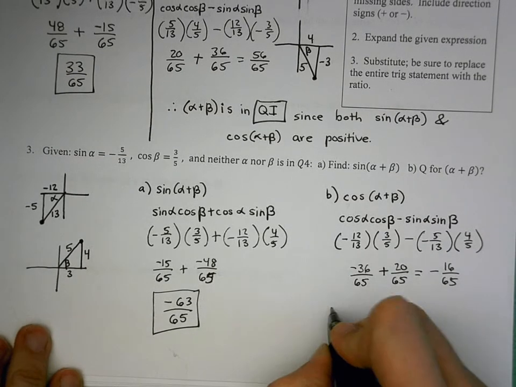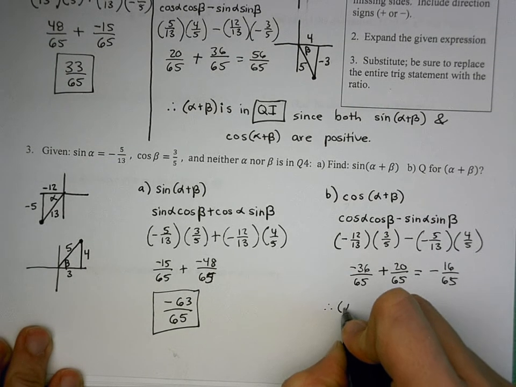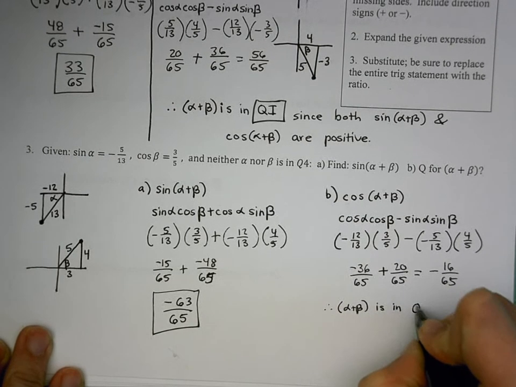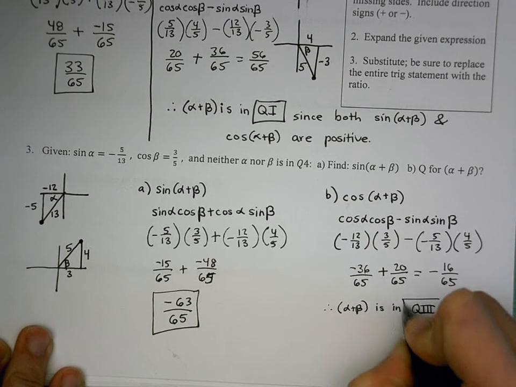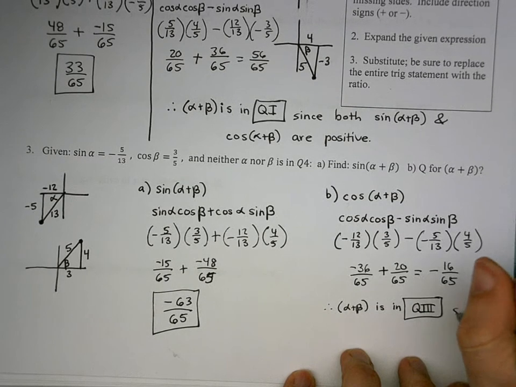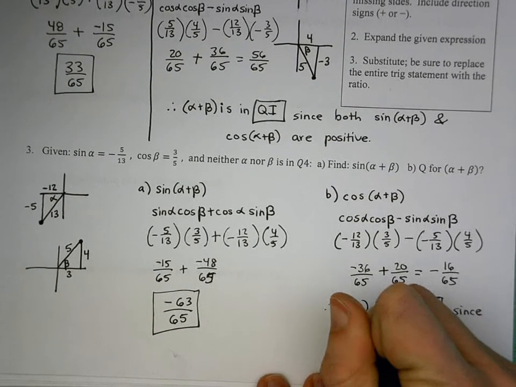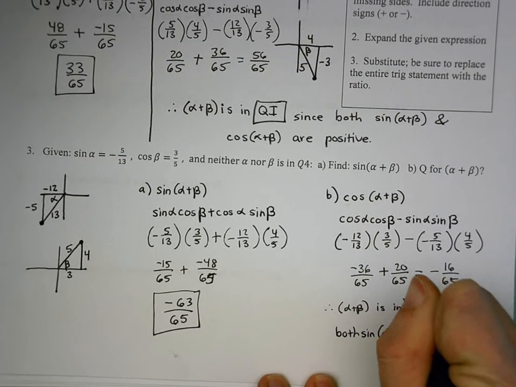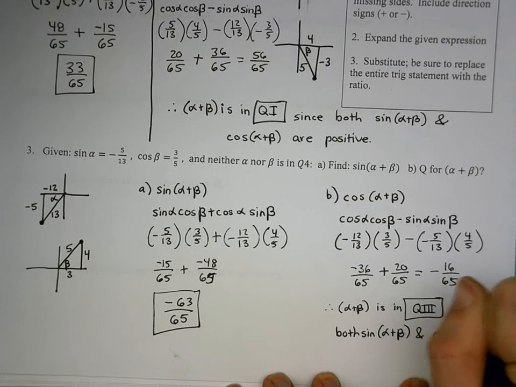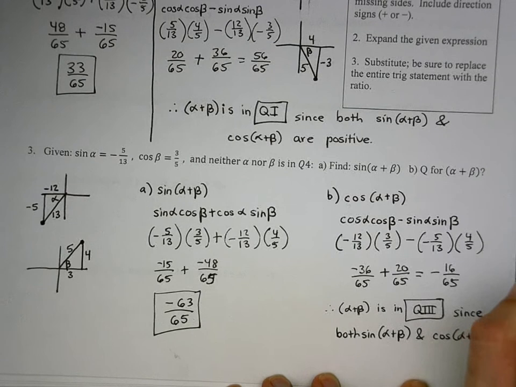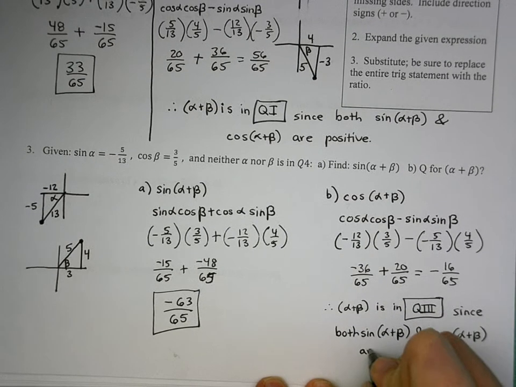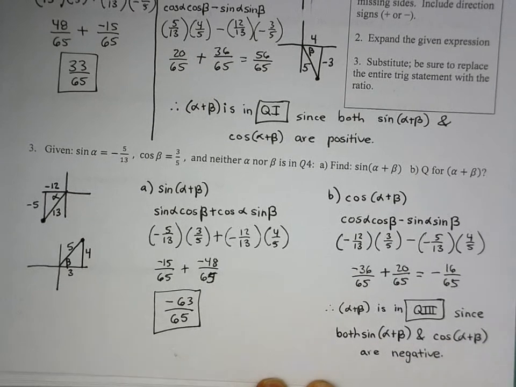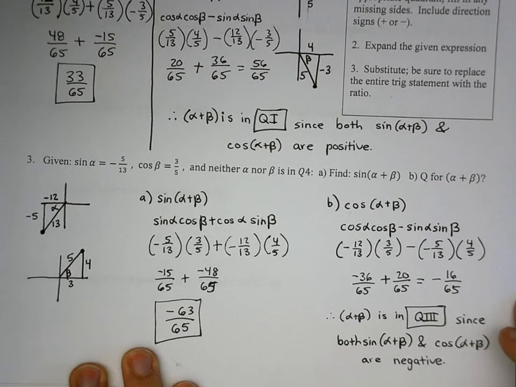So therefore, alpha plus beta is in quadrant 3, since both sine of alpha plus beta and cosine of alpha plus beta are negative. Okay, and so that is objective 5.